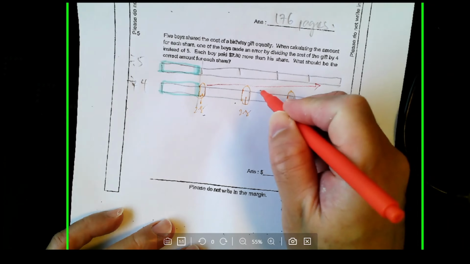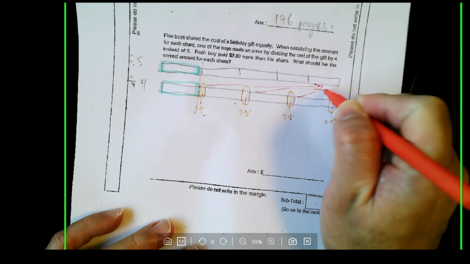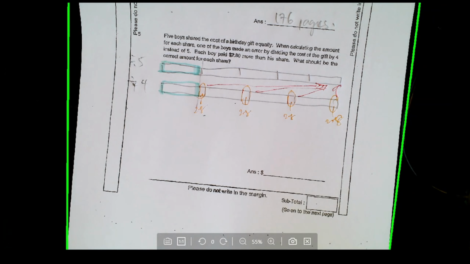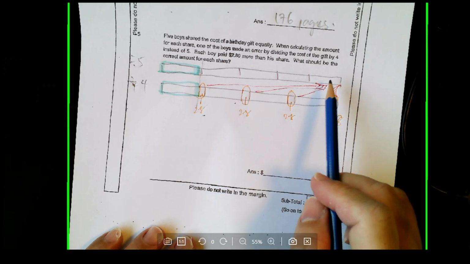Make up this one, this one, this one, this one. Which means 4 circles will make up 1 square.